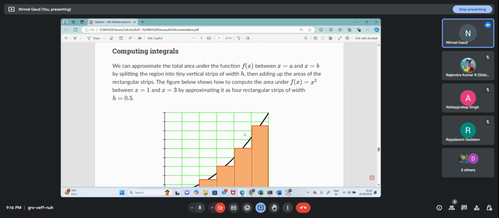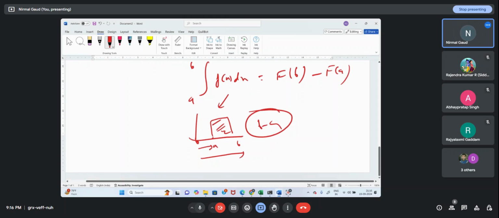Also, computing integration, again we are collecting small strips. This I also explain to you. If you are doing the integration here, that means you are collecting the small strips. This is your dx, and this entire height is y.